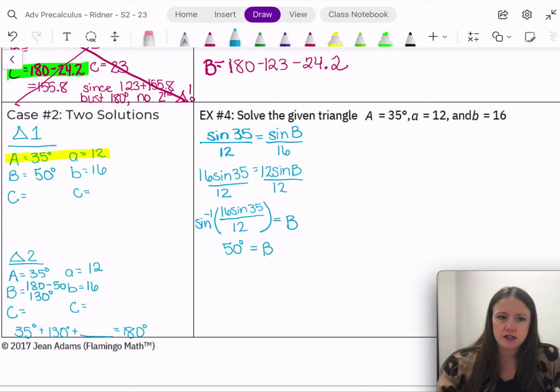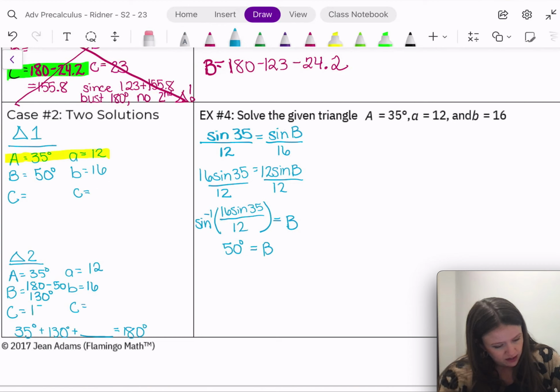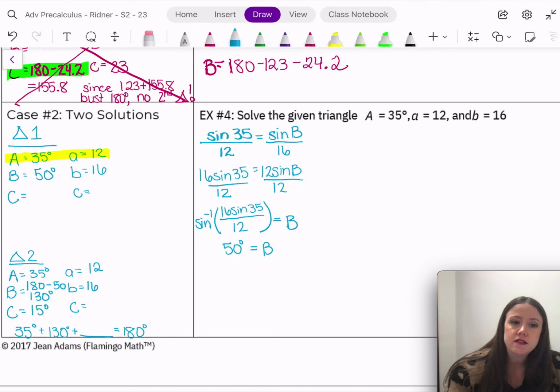We don't want it to bust. So 130 plus 35 is 165. So I'm good there. That also means that C here is 15 degrees. So the second triangle works.